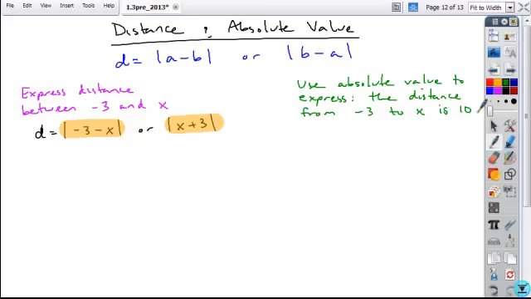Here it's asking you to express the relationship that the distance from -3 to x is more than 10. When you're asked to do this kind of problem, you're still going to use this relationship.